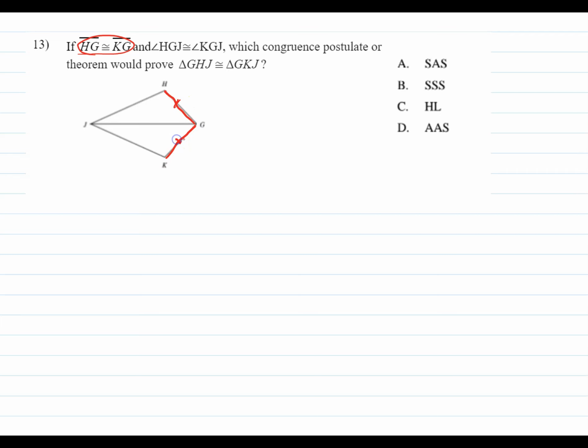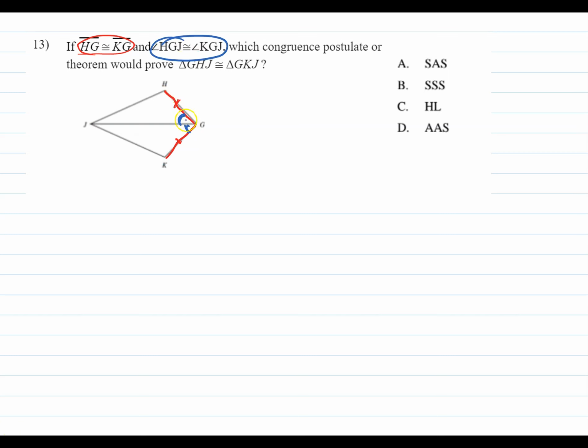Those are corresponding or matching. Then we have HGJ. Let's find that. HGJ is congruent to KGJ. So that is KGJ. So what that means is this angle on top and this angle on the bottom are the same.